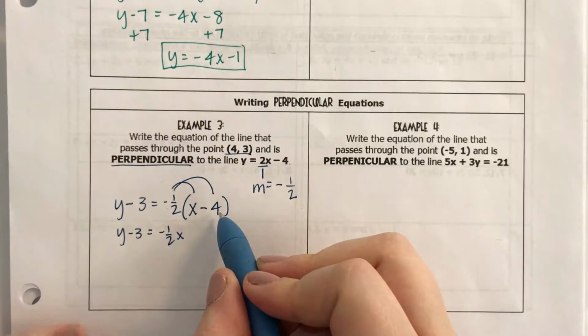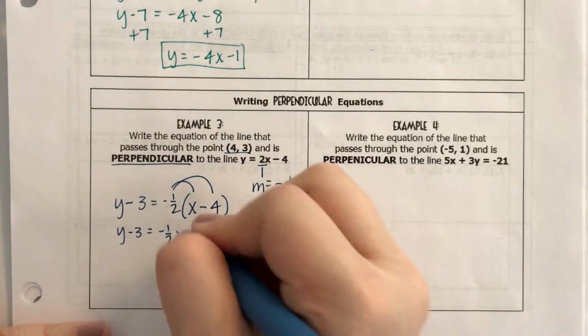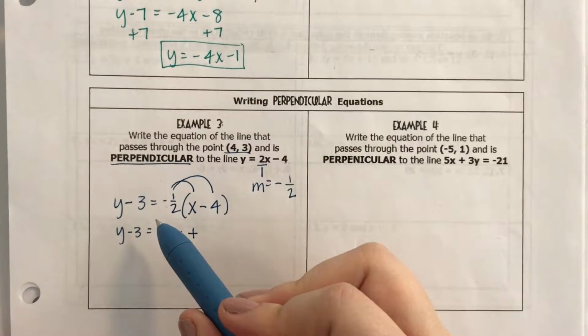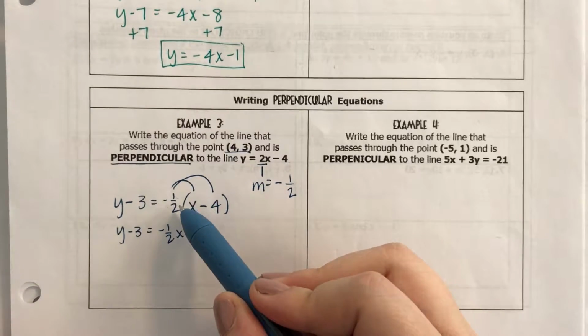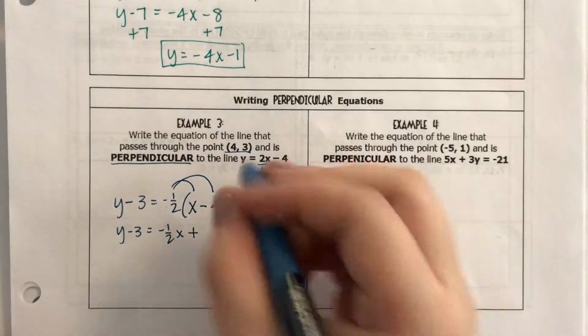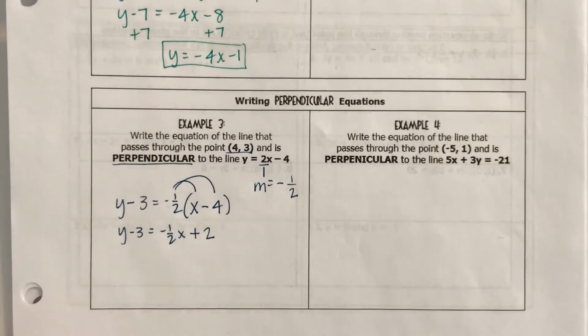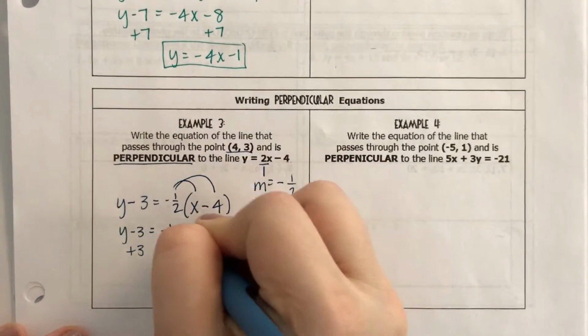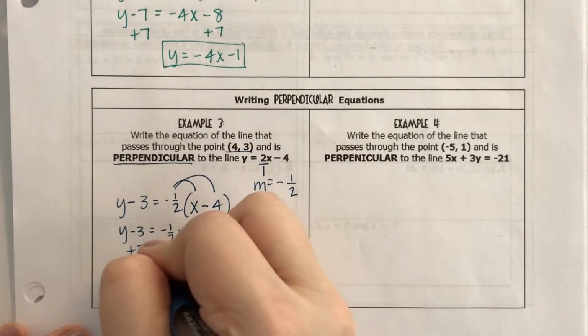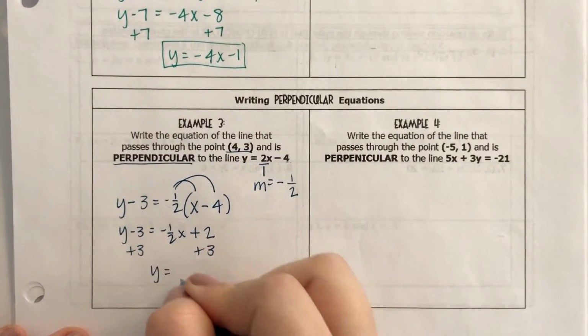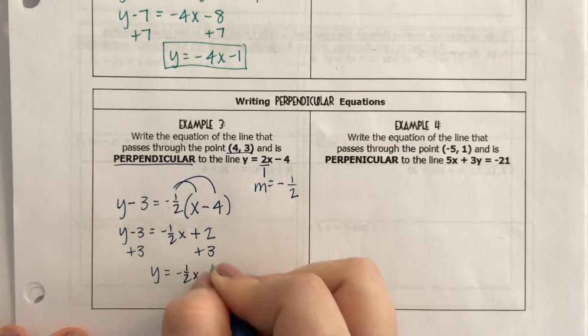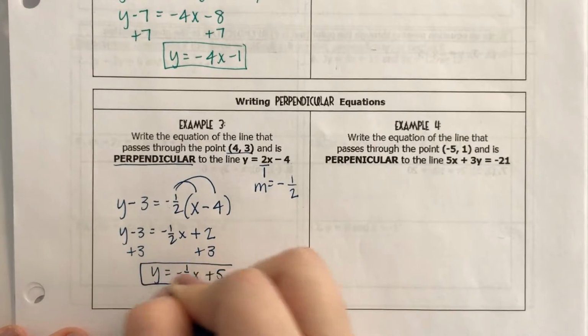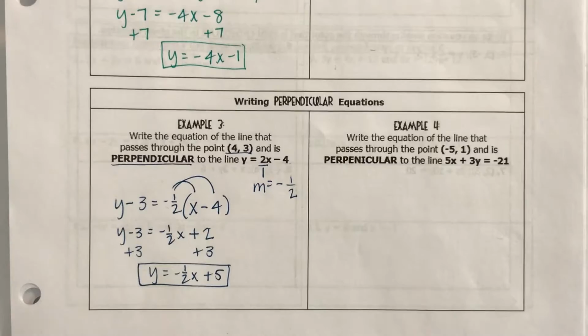Negative 1/2 times negative 4, well, a negative times a negative is a positive. And here's my trick for multiplying fractions. 4 times 1 is 4, divided by 2 is 2. Okay? And now I need to get y by itself, so I'm going to add 3. So I get y equals negative 1/2 x. 2 and 3 make 5. And there's our equation. Okay? All right, let's do some more on the other side.